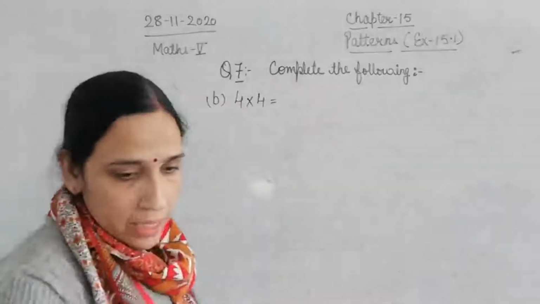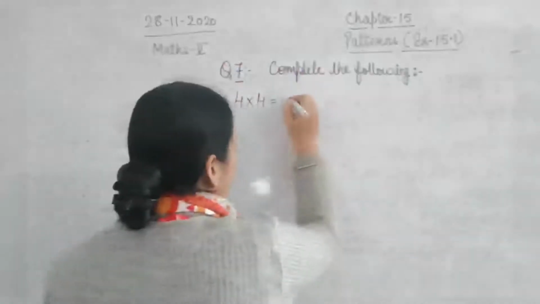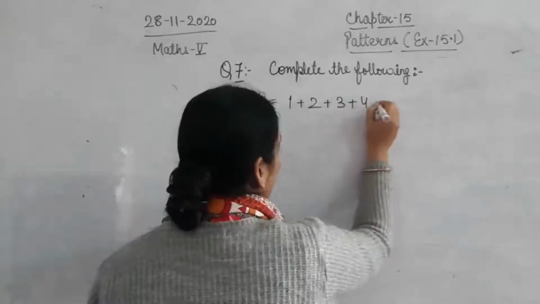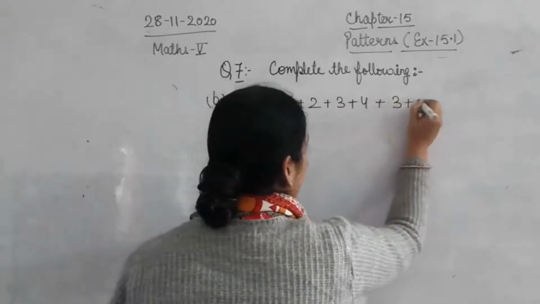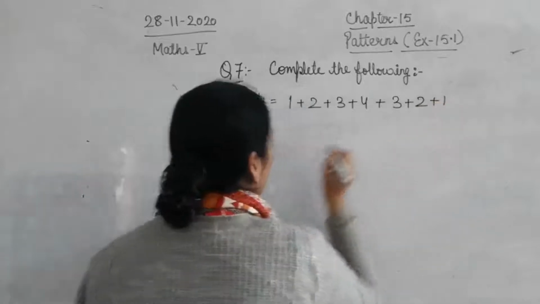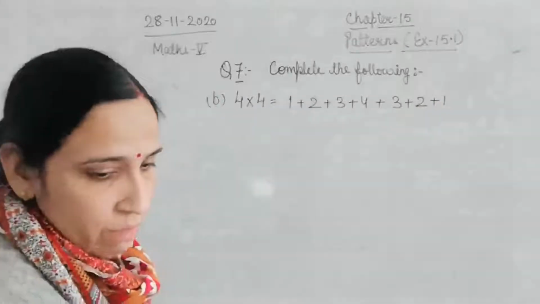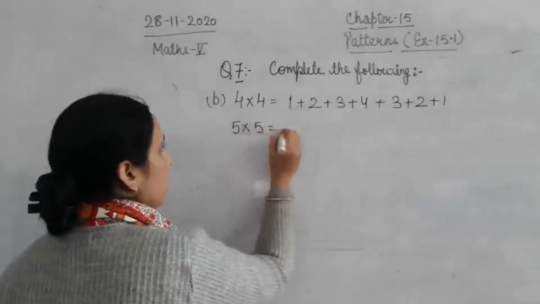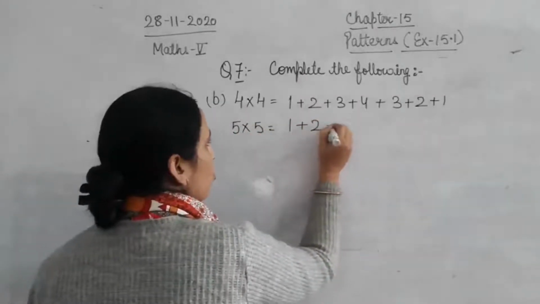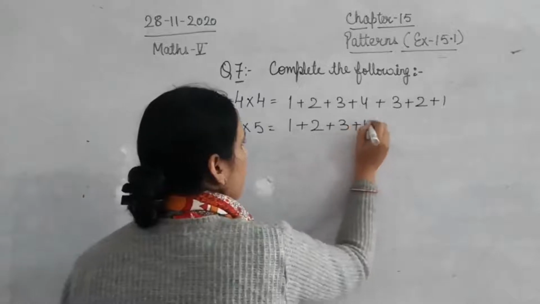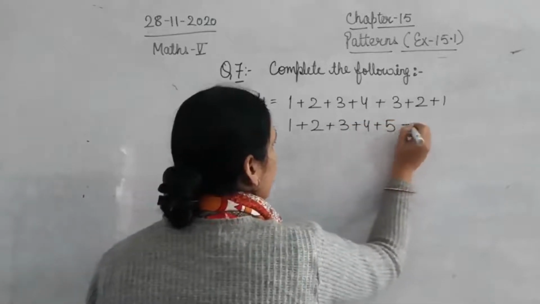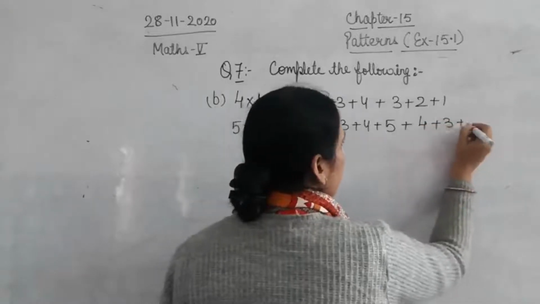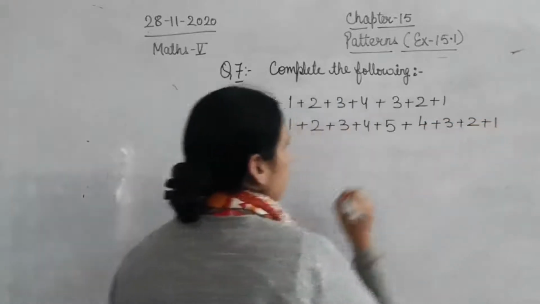So what we are getting here: we will be adding 1 plus 2 plus 3 plus 4 plus 3 plus 2 plus 1. Now the next series is 5 multiplied by 5. So here I am going to write this number: 1 plus 2 plus 3 plus 4 plus 5 plus 4, 3, 2 and 1.